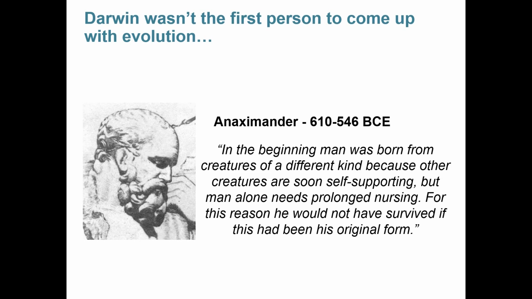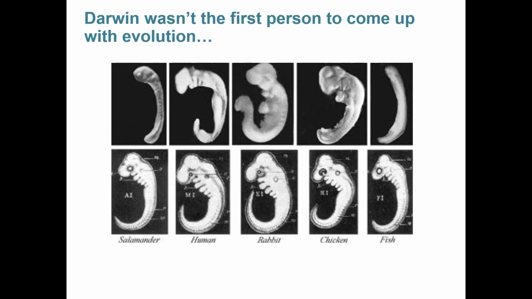In addition to his philosophy, Anaximander was interested in looking at development. In particular, he spent a lot of time looking at embryos. In this image, you can see embryos from multiple different animals: salamanders, humans, rabbits, chickens, and fish. From this picture, you can see that they're actually dramatically similar to one another. And because of this similarity, he came up with this idea that all life began in the ocean, because the simplest organism that everything else looked like was a fish.